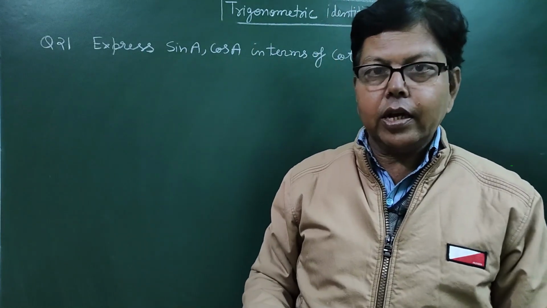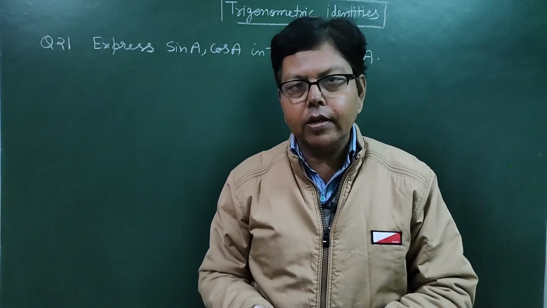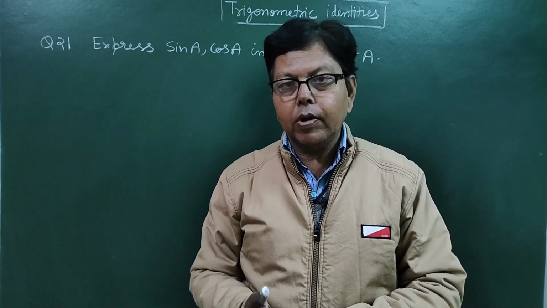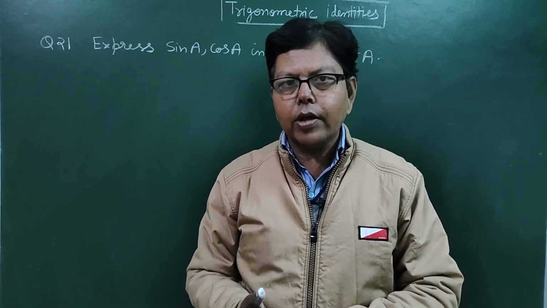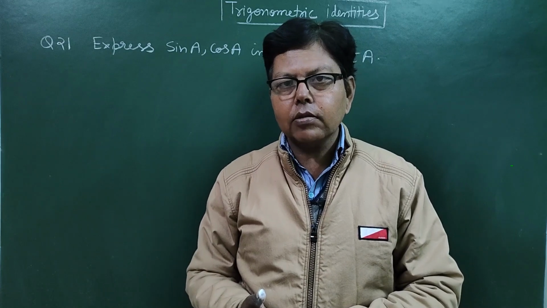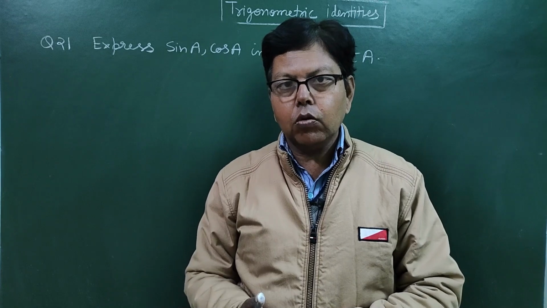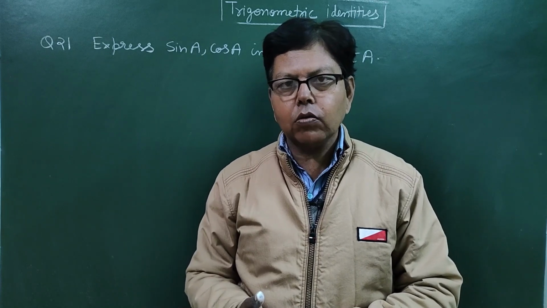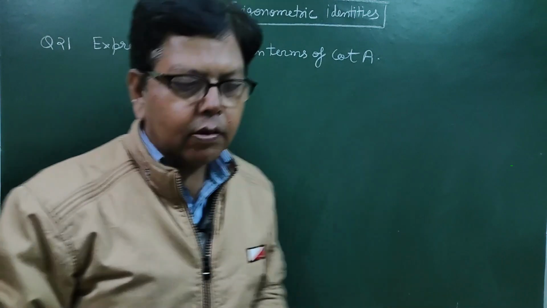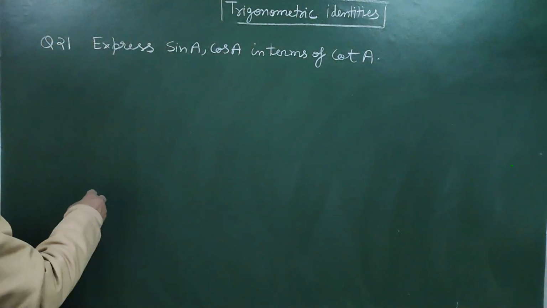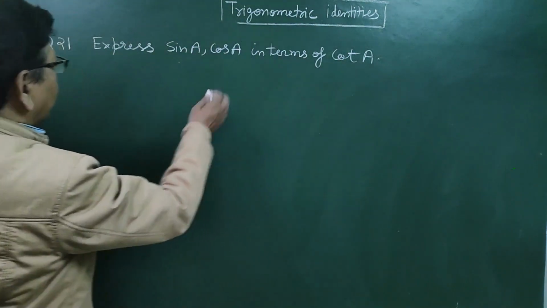If you get cosec, then you can convert it into sin. I think you remember one identity, that cosec square A minus cot square A is equal to 1, or cosec square A is equal to 1 plus cot square A.